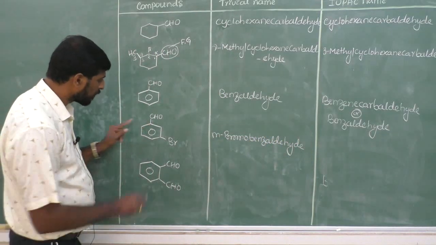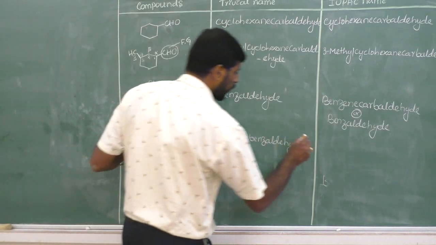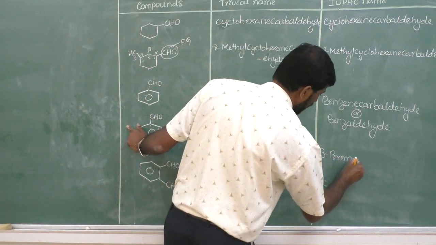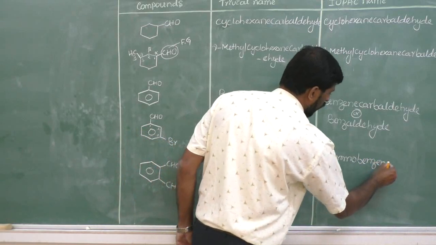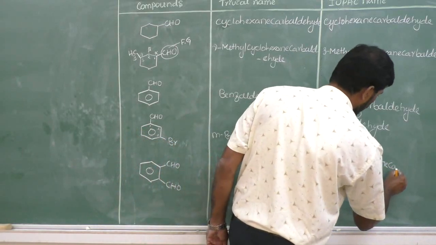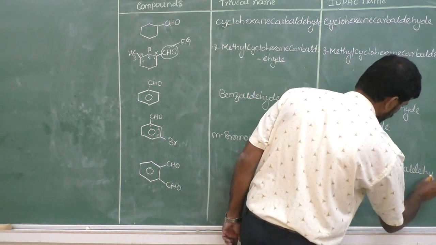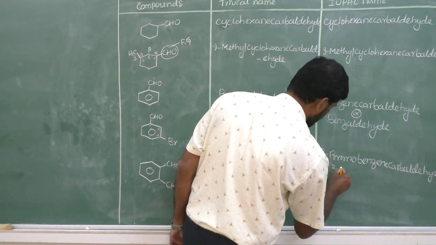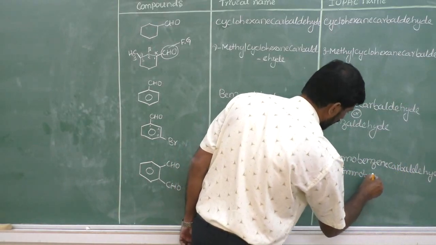This is position 1, 2, this is 3. Therefore, it is 3-bromobenzenecarbaldehyde, or simply it is called 3-bromobenzaldehyde.